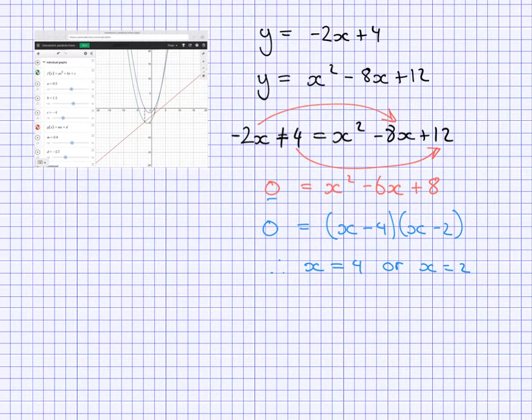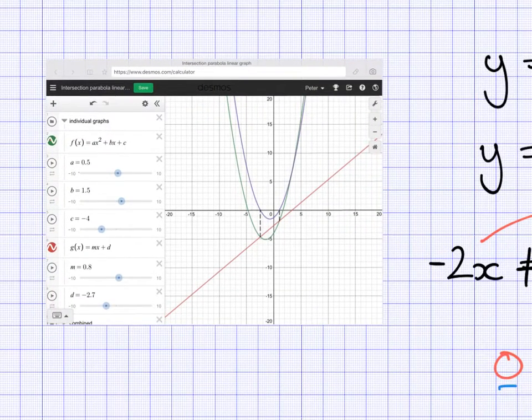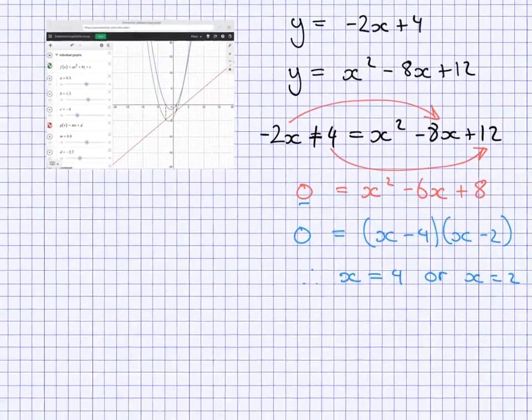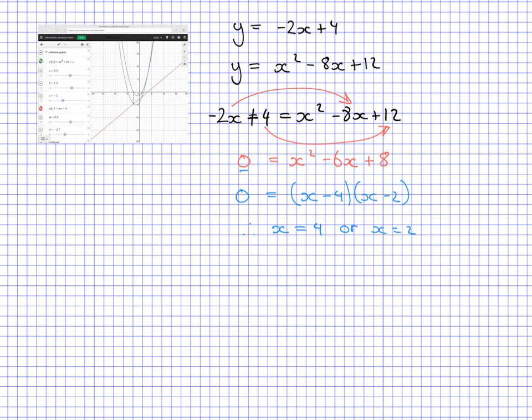Now, remember back at this graph here, we can see that the purple graph was above or below. And what that means is we don't know the height, which is the y value. So we have to substitute those two x solutions back into one of the equations to find the y values. So first of all, we'll substitute x equals 4 into the linear equation because it's far easier to work with.